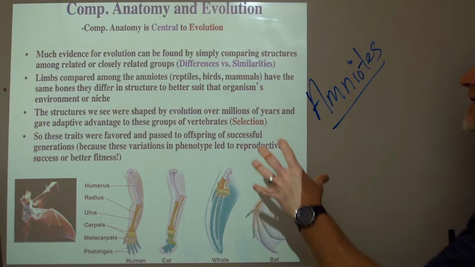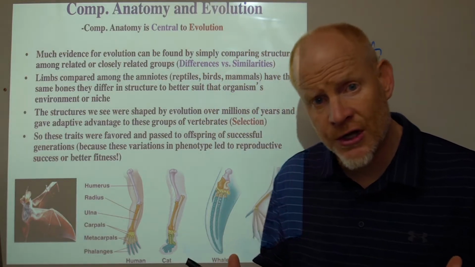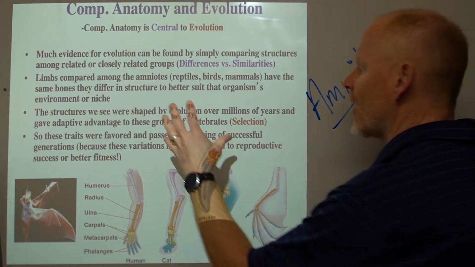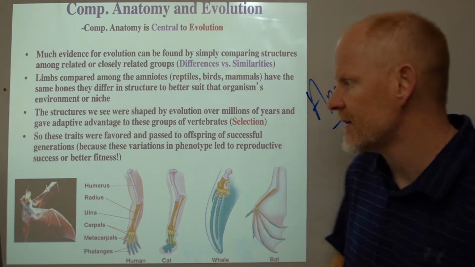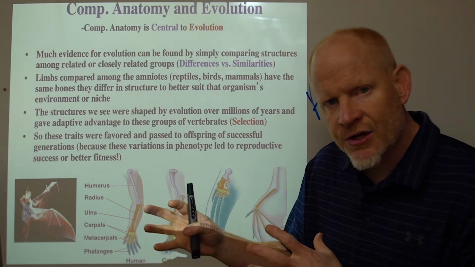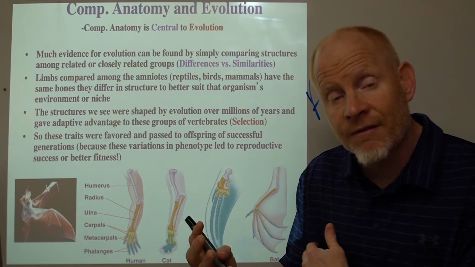So much evidence for evolution can be found by simply comparing differences and similarities in structure and morphology. Limbs are a great example of this. Structures are often shaped by evolution, by the environment over millions and millions of years. And they're slowly selected for and changed over time. And another beautiful thing about bones is they show up in the fossil record.